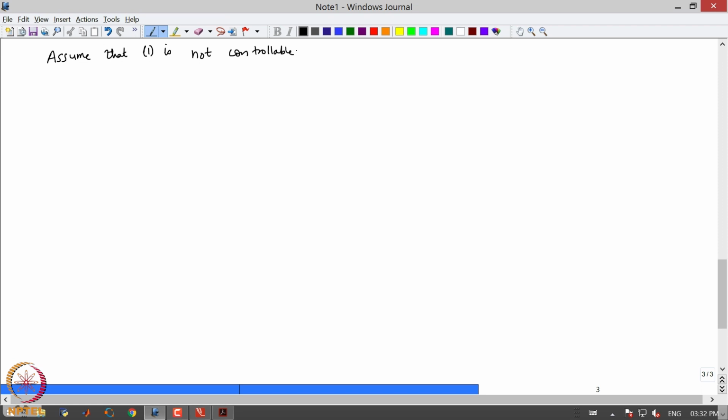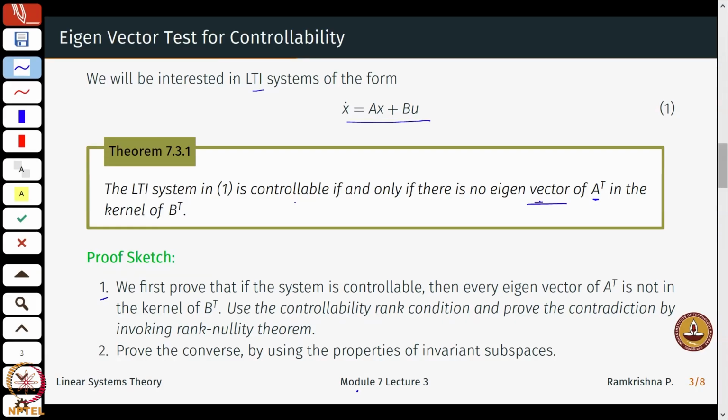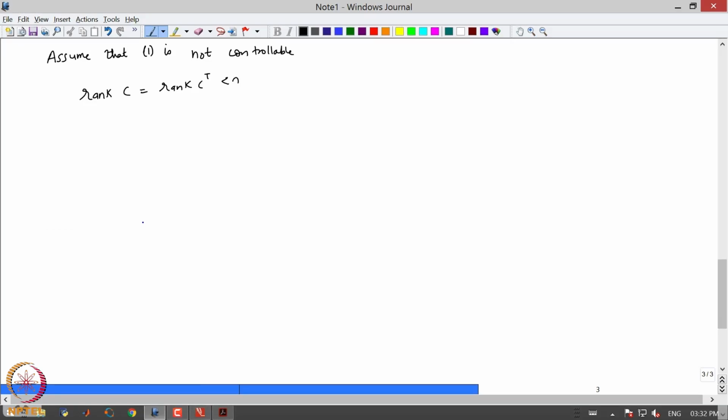Okay, if the system is not controllable, then the rank of C transpose is less than n. So, what I will show here is that if the system is not controllable, I just want to see what happens with this eigenvector of A transpose, does it lie in the kernel of B transpose and so on. Okay.